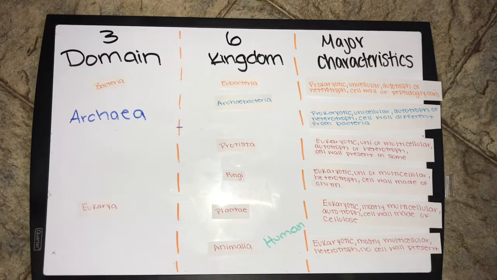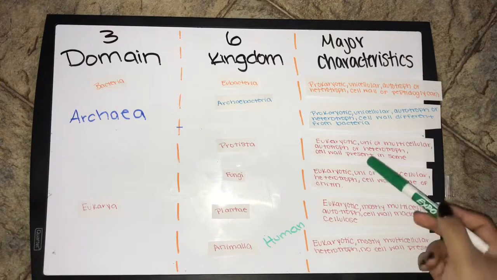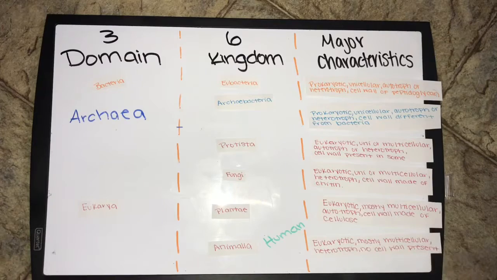And now there might be some words that you may not be fully understanding, and so that might be prokaryotic. Prokaryotic means that it doesn't have a nucleus. That's how I remember that it doesn't have a nucleus. While eukaryotic does have a nucleus, which is why these two are in the Eukarya domain.